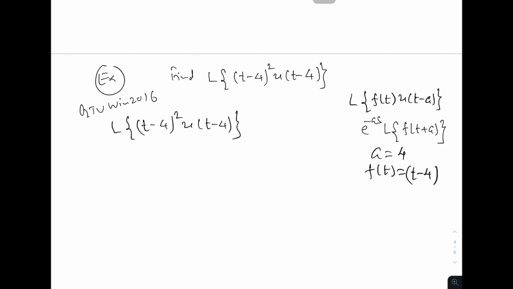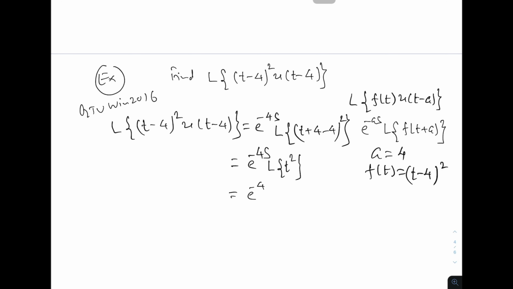So e power minus 4s Laplace transformation of f of t plus a. What is a here? 4. So can I write t plus a is like this, t plus 4 and minus 4 and its square. So this is e power minus 4s Laplace transformation of t square, and that is nothing but e power minus 4s, 2 over s cube.